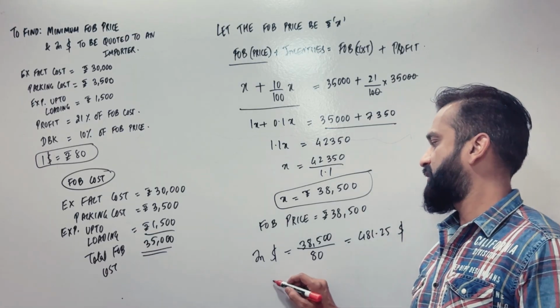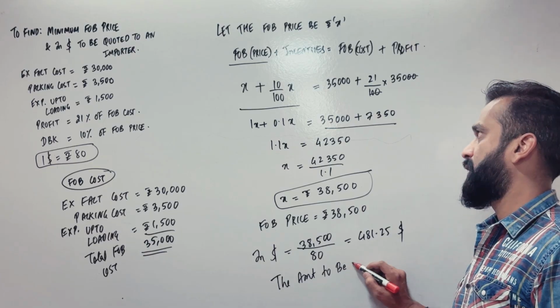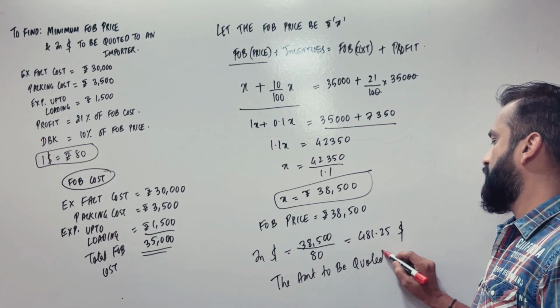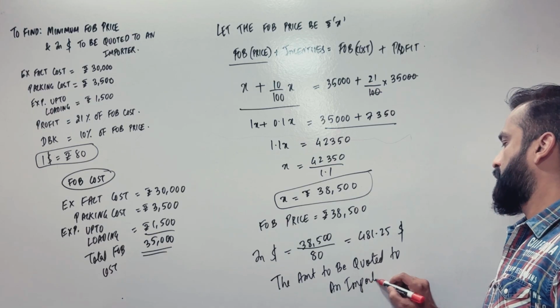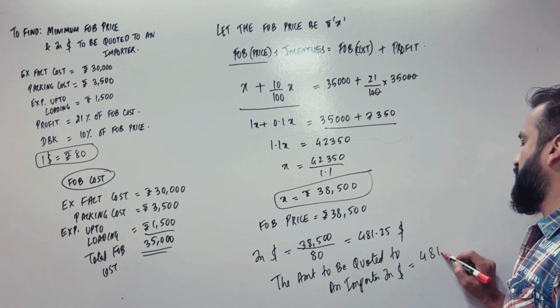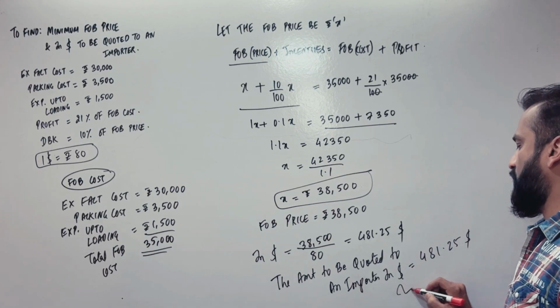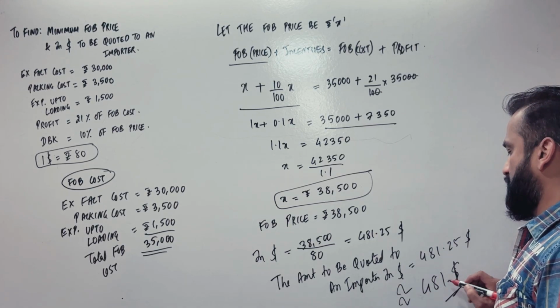So I can write the amount to be quoted to an importer in dollars is equal to $481.25, approximately $481. Okay.